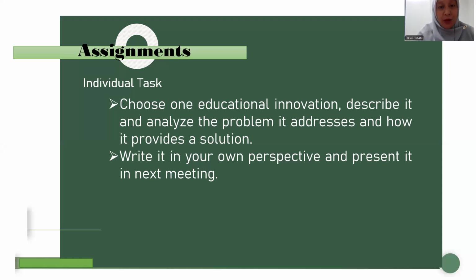Okay, very good question. You can choose any type of educational innovation: pedagogical, technological, curriculum, assessment, or organizational. The most important thing is that you can clearly explain the problem it solves and why it's effective. So choose something you understand or something you find interesting. Any other questions?